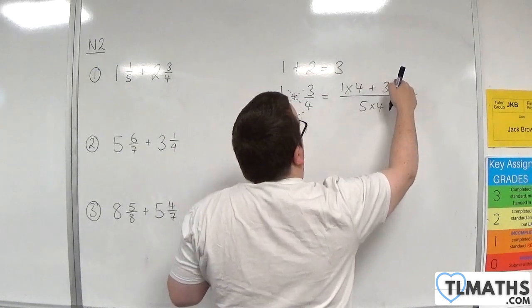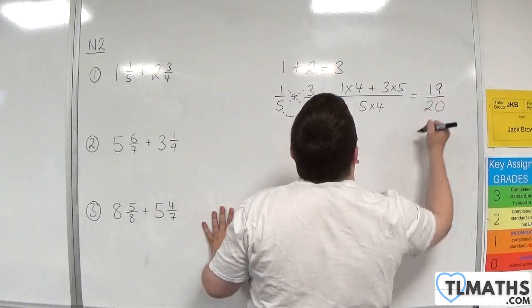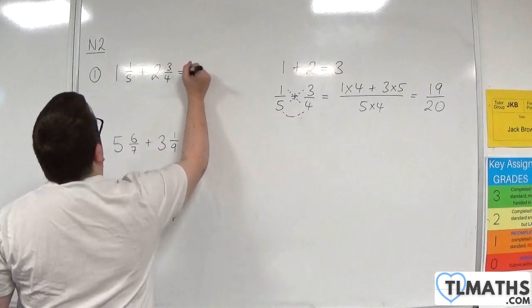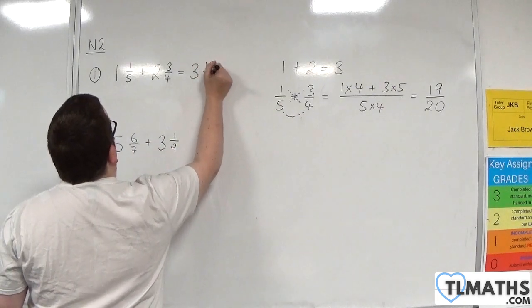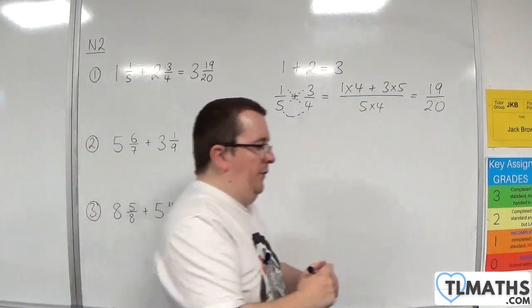So we have 4 plus 15, so 19 over 20. So we have 3 and 19/20, adding our two results together. Okay, right, that's example number 1.